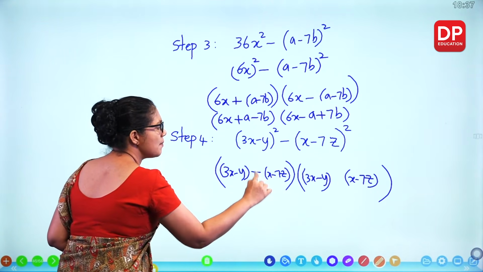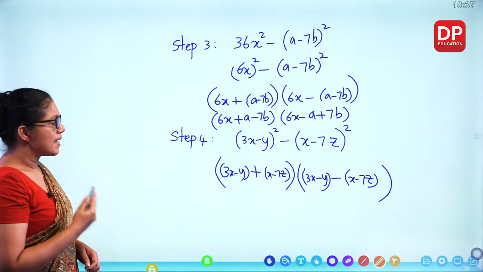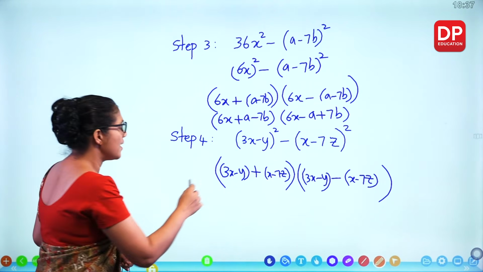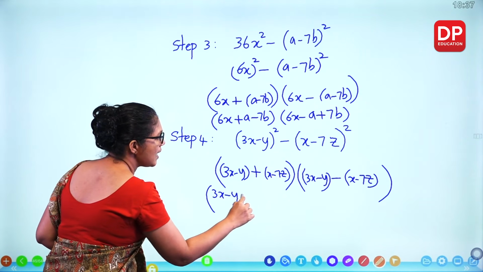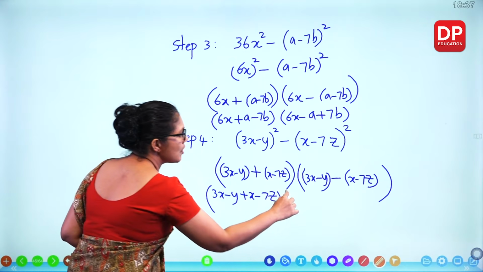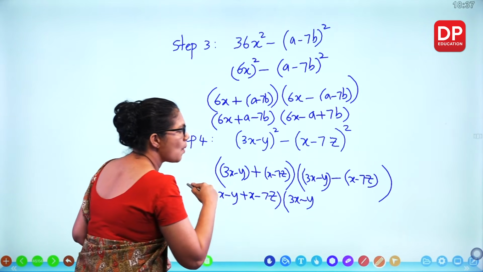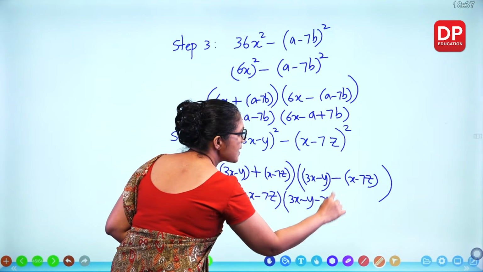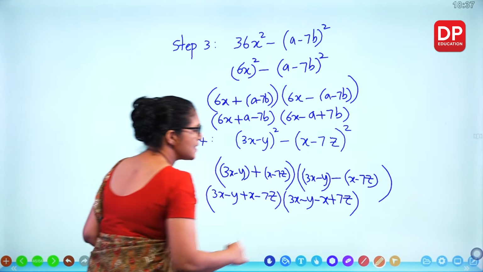So one term is positive, one term is negative. Now expand brackets and simplify. So I can write 3x minus y plus x minus 7z. What about the other factor? I can write 3x minus y minus x, minus into minus becomes plus 7z.